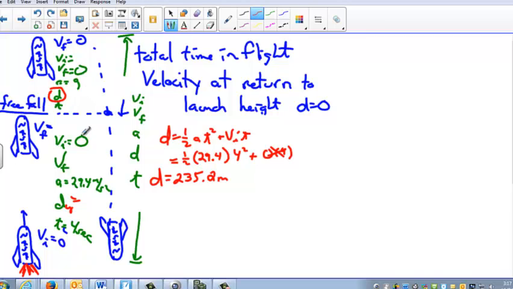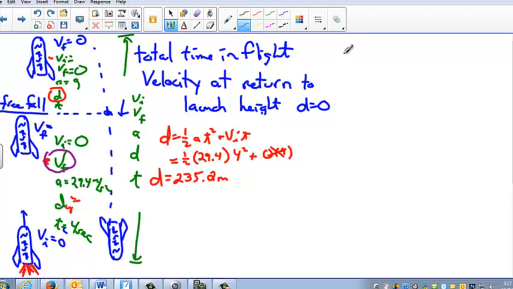So I've got a problem because I'm missing 3 variables. But I realize that the final velocity during the first portion of the trip will be the initial velocity during this portion of the trip. So if I can figure out the final velocity after the rocket's done firing, I'll have the initial velocity for the free fall. I'll do that quickly. Now, looking for final velocity, I need an equation that doesn't have displacement.